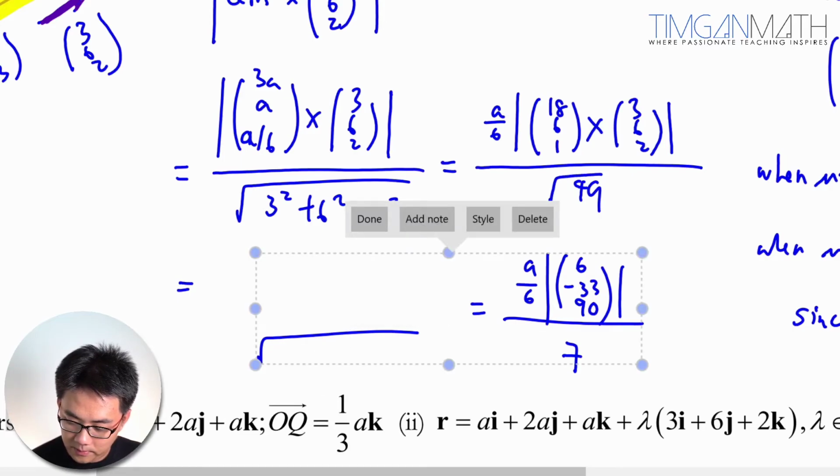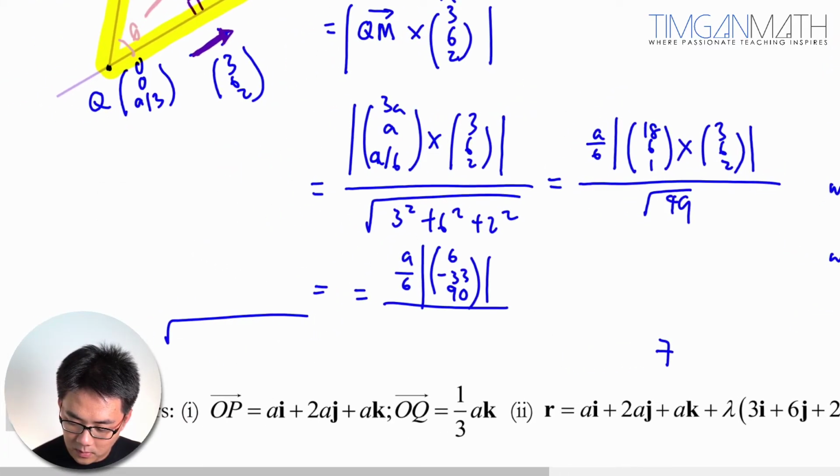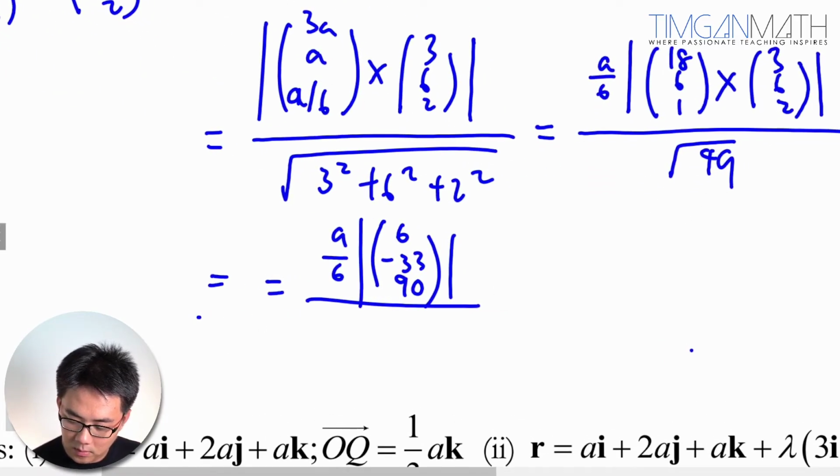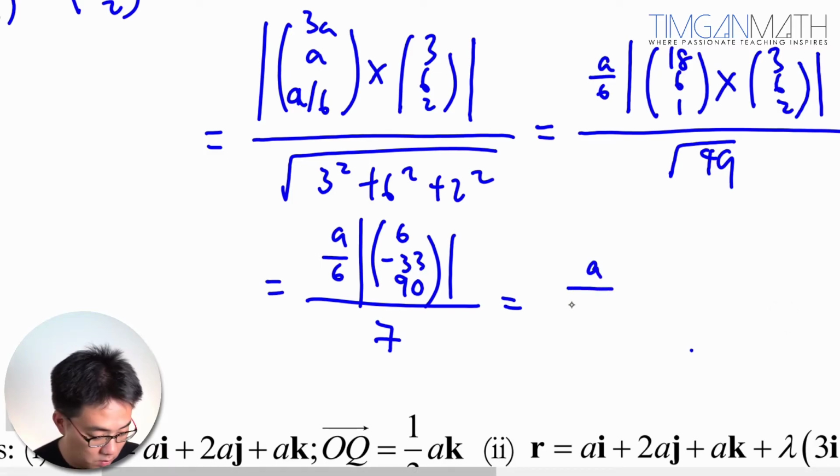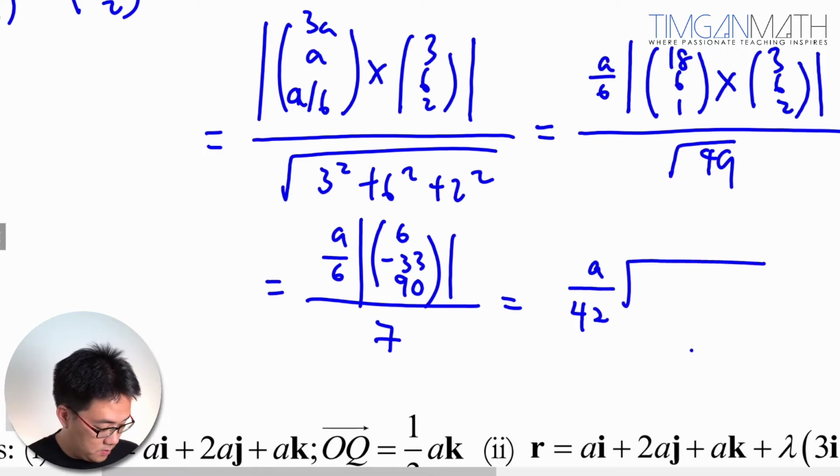So from here, I know that it's just 72, 6 square, 3 square plus 90 square.